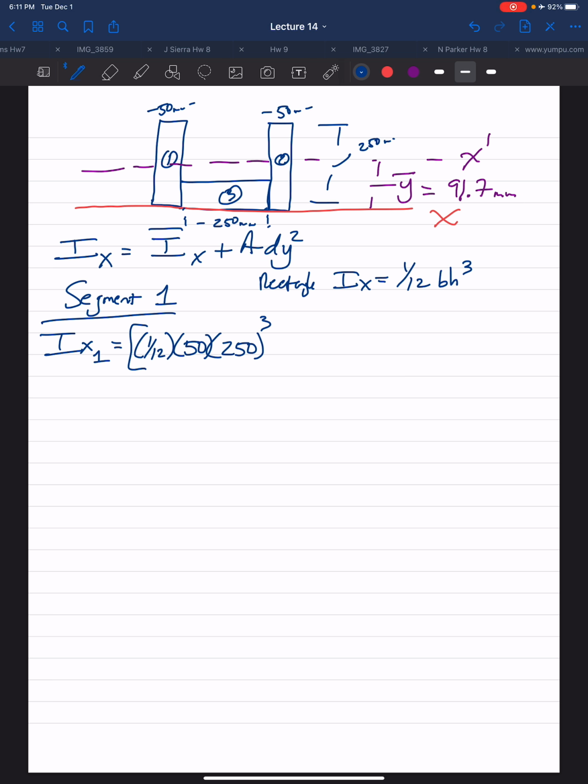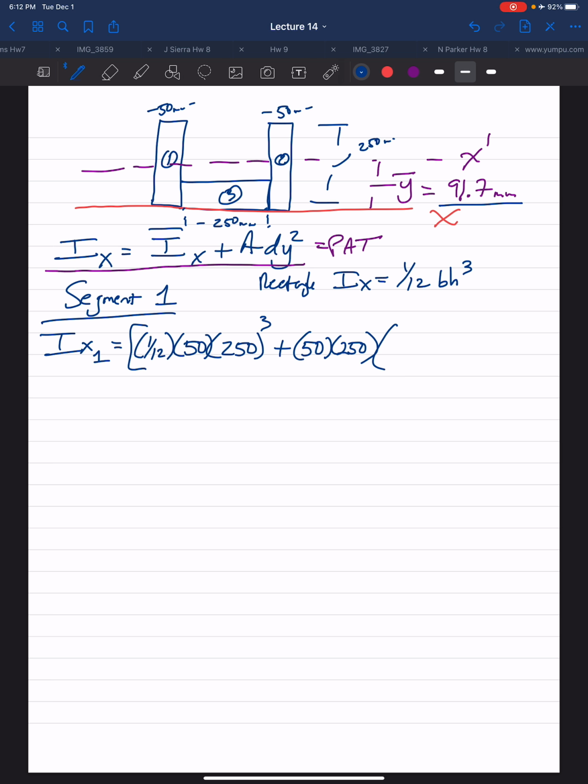Then, using the parallel axis theorem, plus the area, which is base times height, 50 millimeters times 250 millimeters, times dy squared. Now remember, dy is the distance from the composite centroidal axis, which we said was 91.7, and the centroid of each individual shape.